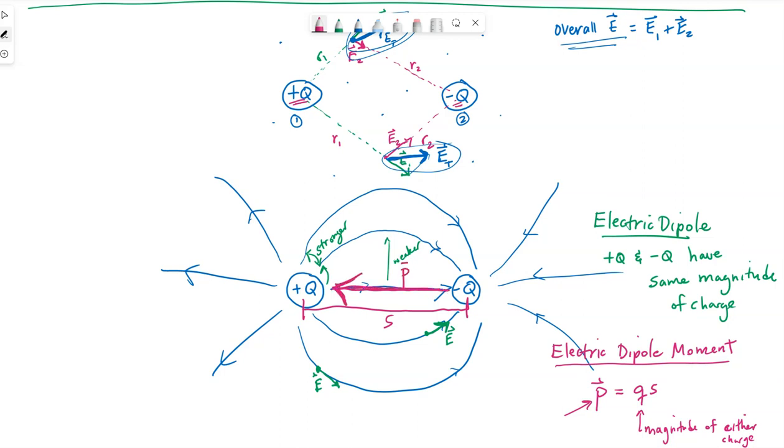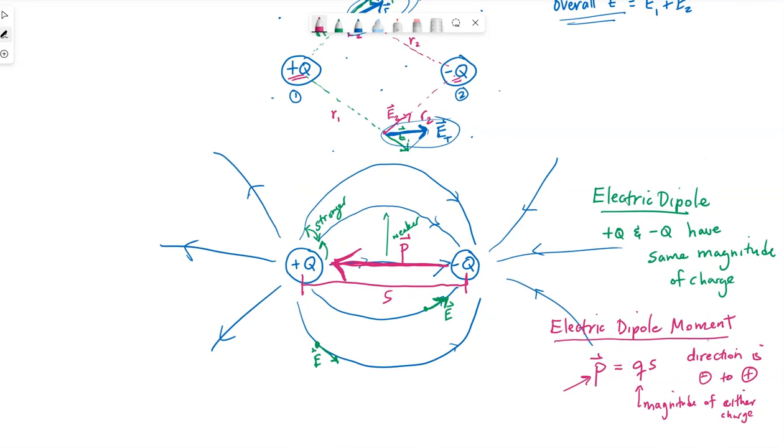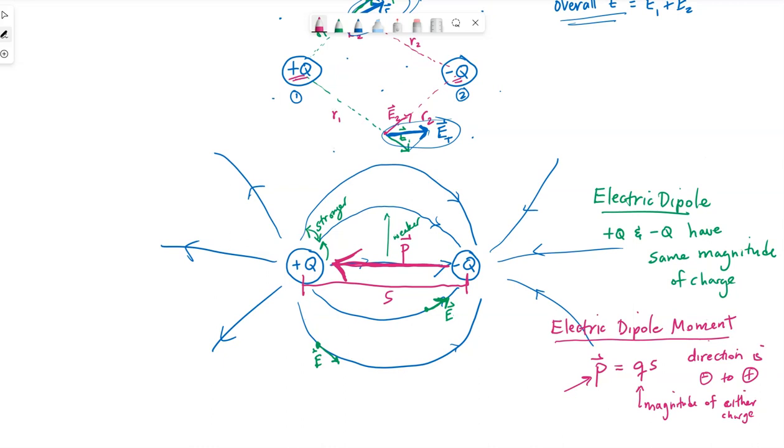So if I draw P, this electric dipole moment, on here, then it points from negative to positive. So direction is negative to positive. All right, so the electric field points away from positive towards negative. This electric dipole is just a specific case where we have a positive and negative charge with the same magnitude.